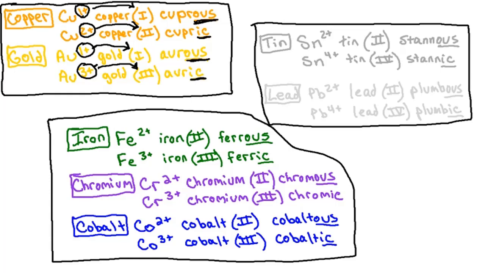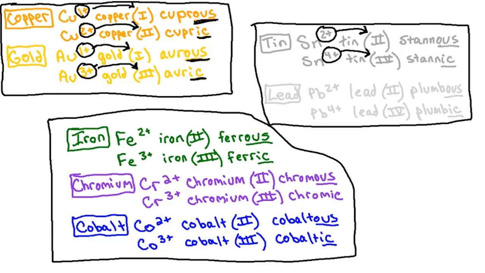Now let's look over here to the right. We have tin, which for some reason is abbreviated Sn. Tin can have either a 2 positive charge or a 4 positive charge. So that means you're either going to call it tin 2, or tin with Roman numeral 2 in parentheses after it, or the tin with the 4 positive charge is going to be called tin with the Roman numeral 4 after it.